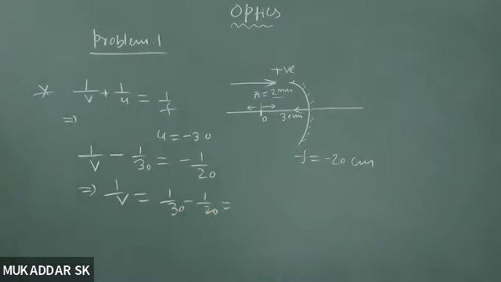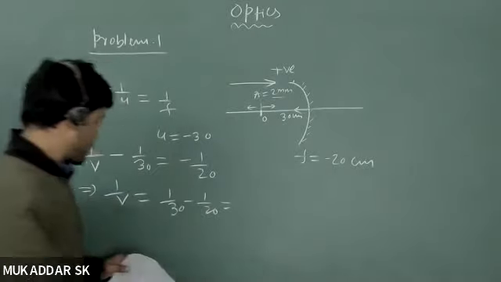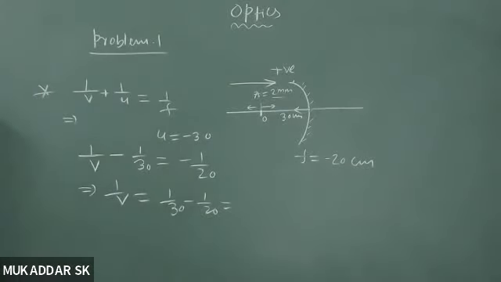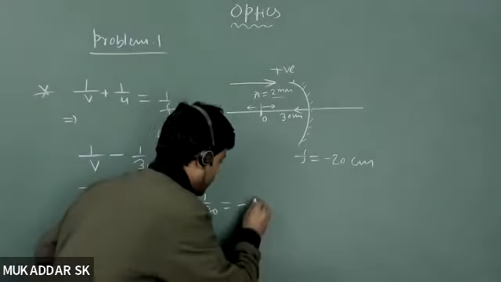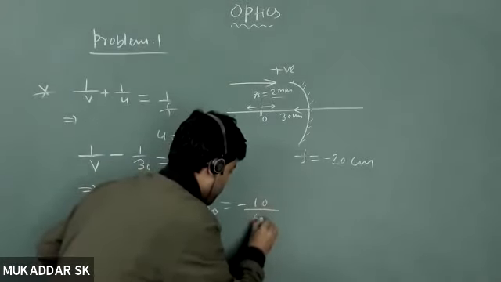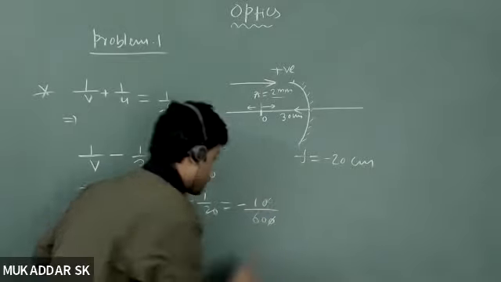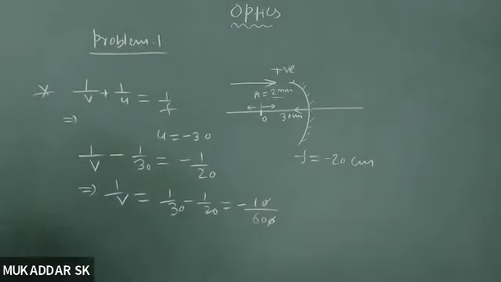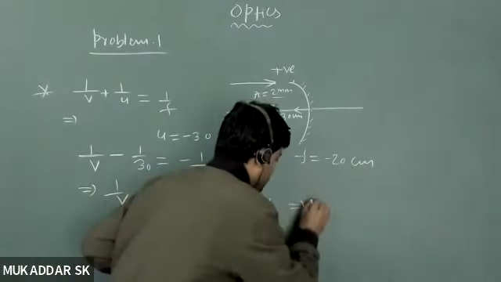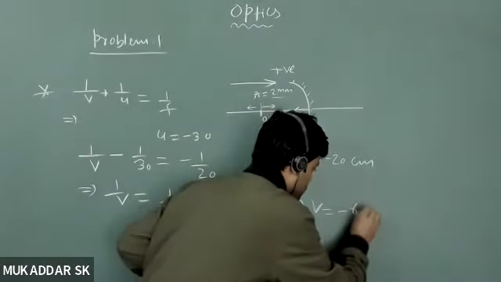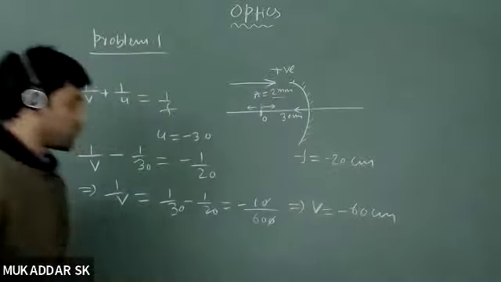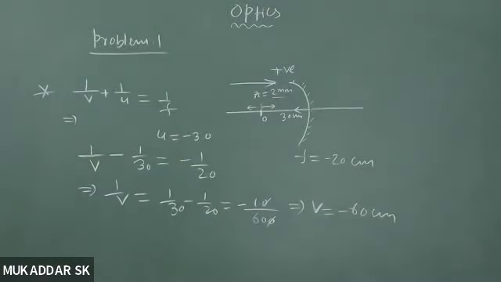So it will be basically minus 10 by 600, and the 0 will be cancelled. You will get the position of image from pole as minus 60 centimeter.